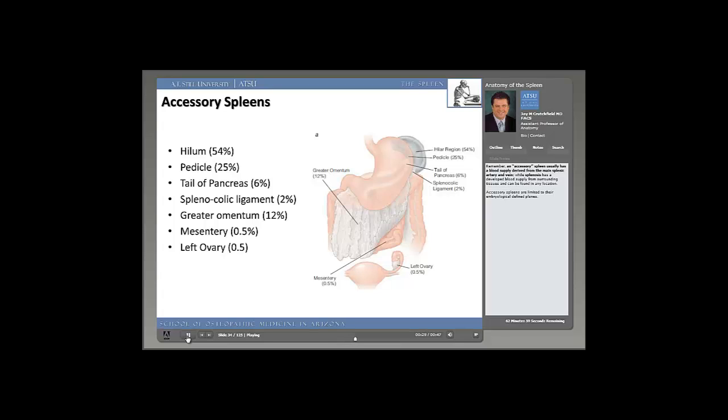This makes sense if you understand the splenic embryology and how it forms in the dorsal mesogastrium. Again, this is an accessory spleen. Splenosis can occur anywhere in the abdominal cavity because splenosis is a result of splenic trauma.